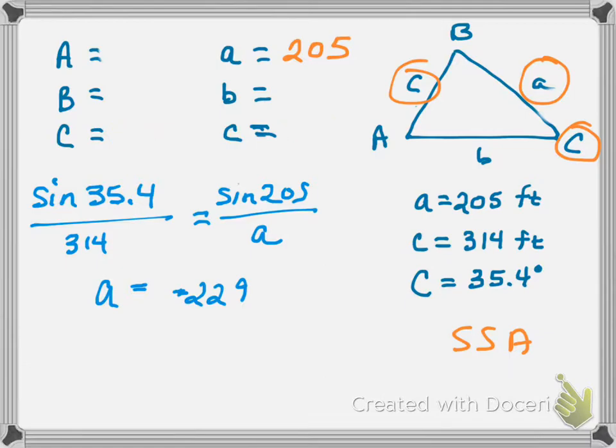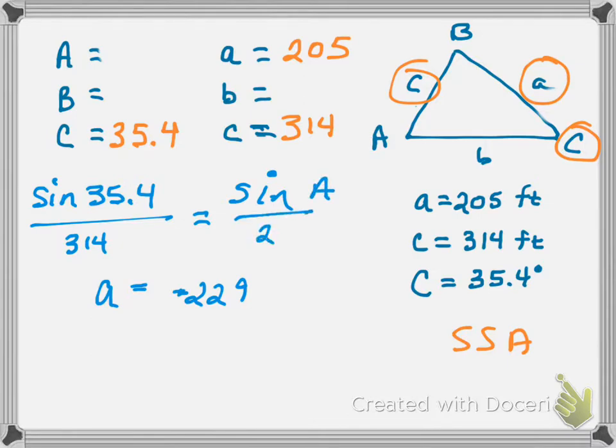This is a 35.4 degree angle and a side length of 314. If I correct those, I got this correct here, but the 205 should have been down here. So that would be sine of angle A over 205.